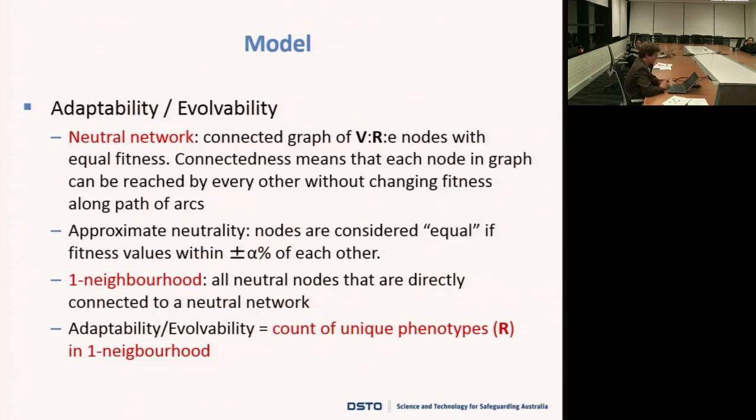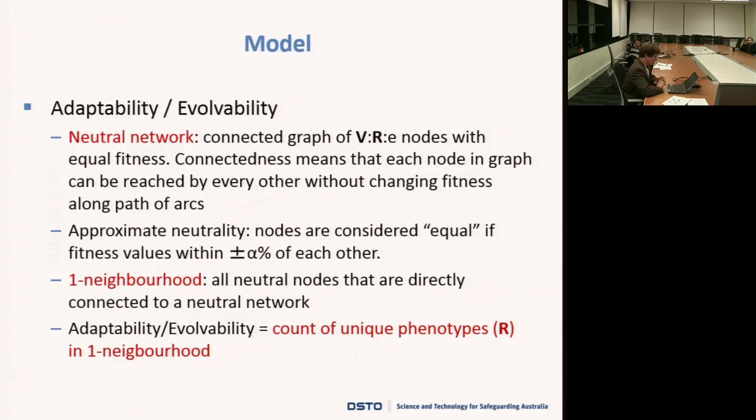Now, adaptability with these definitions can be defined as all the unique phenotypes in your one neighborhood. And that's definitely from an evolvability perspective. Evolvability in biology is defined as the access to different phenotypes through variation in your genotype. So how many new phenotypes can you access from where you are at the moment? This is where this definition comes from. This is one that's been promoted in the evolutionary theory literature, and this is pretty much what we did.